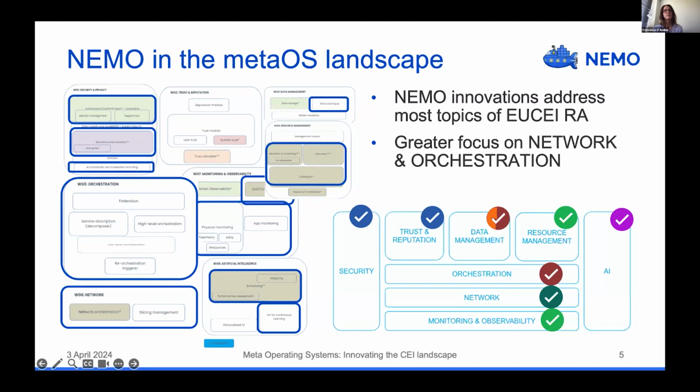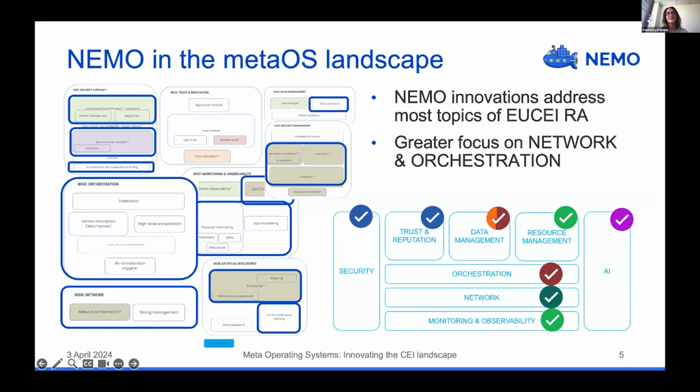As you can see, I tried to put everything in one slide, so it's not that visible, but in the big picture, we can see that NEMO provides functionalities more or less related to all the functional layers of this reference architecture.